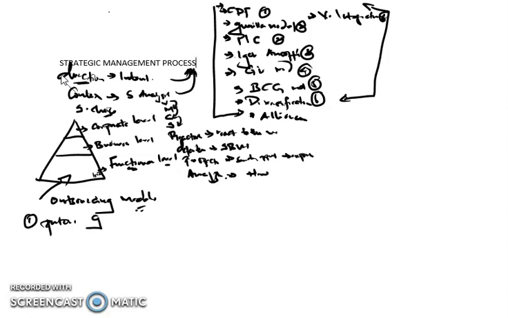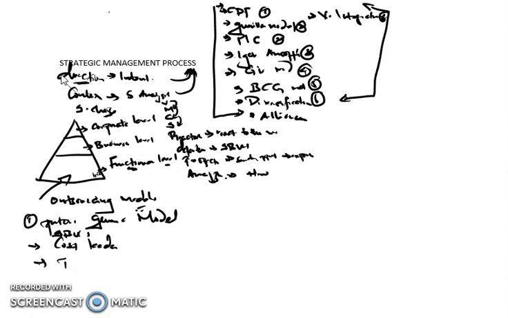Porter's generic model. Now Porter said that given your strategic business units, you have three strategic options. The first one is to be a cost leader.